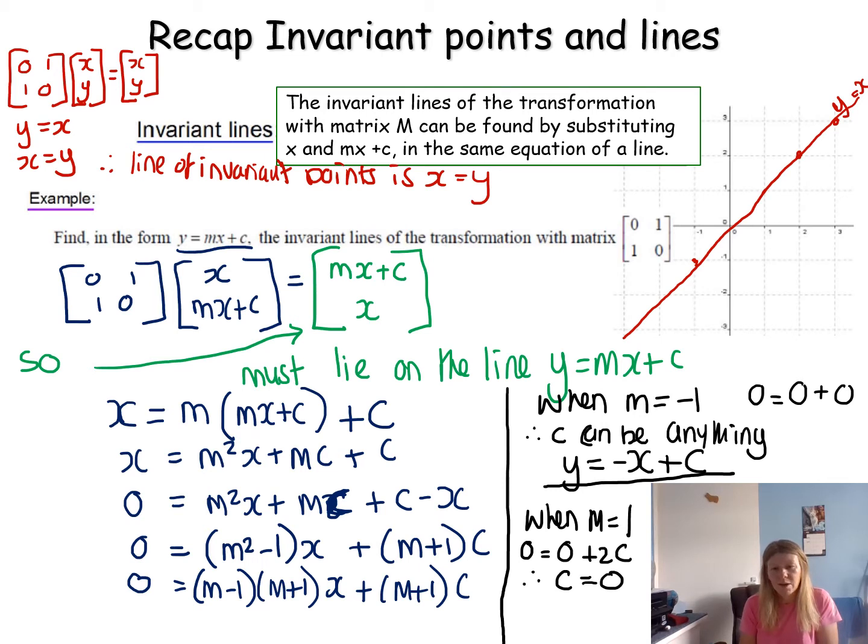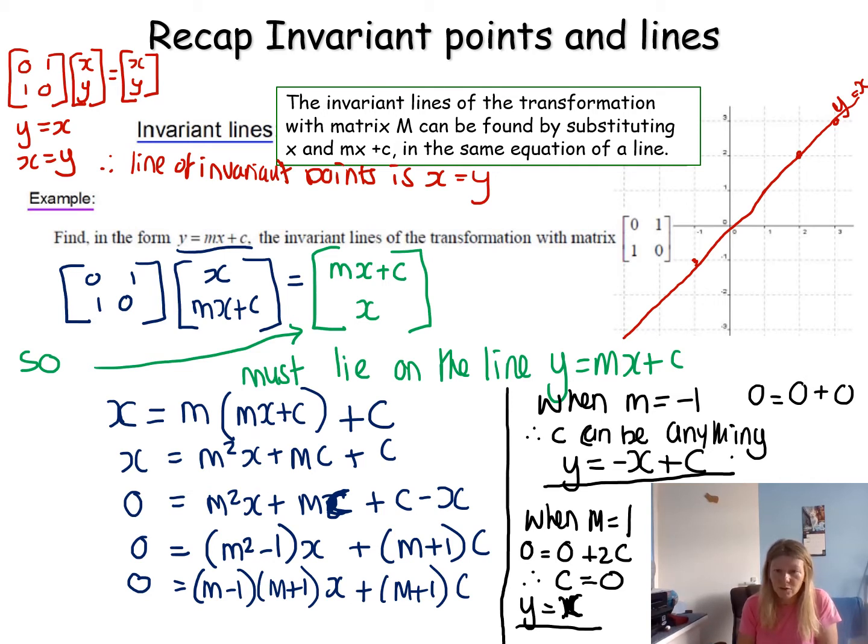So that's giving me the line y equals 1x plus 0, which brings you back to up there. So that's your line of invariant points. This one is the line of invariance.